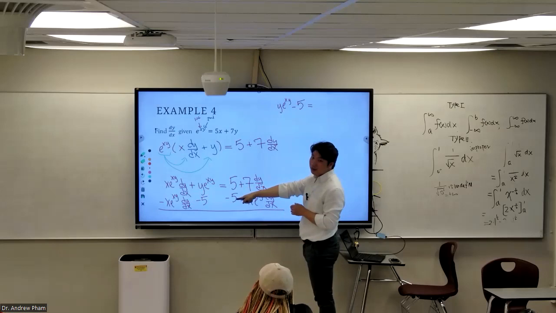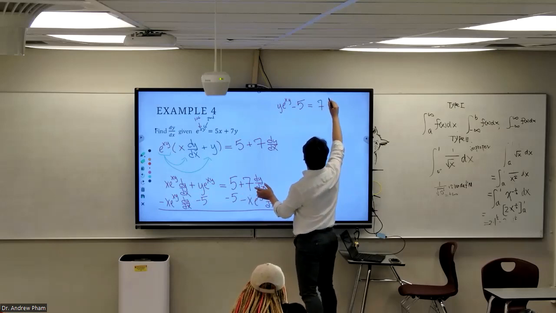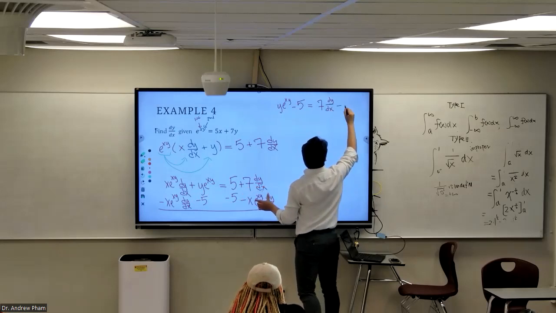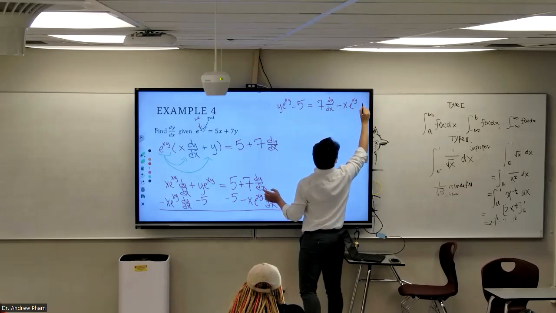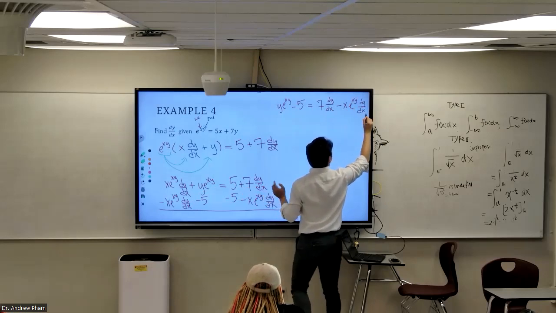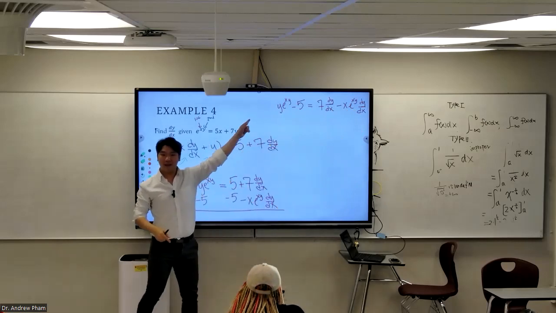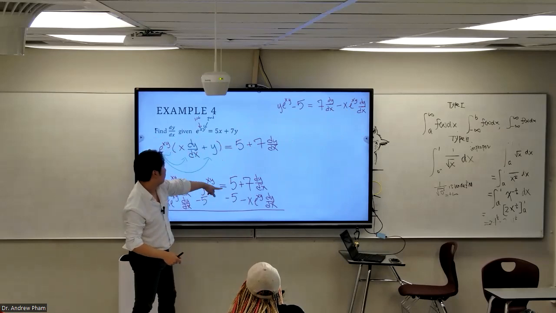On the right, 5 minus 5, that canceled out. And I'll have 7 dy dx minus x e to the xy dy dx. So again, anything that had a dy dx, I put it on one side. If it did not have a dy dx, I moved it to the other.